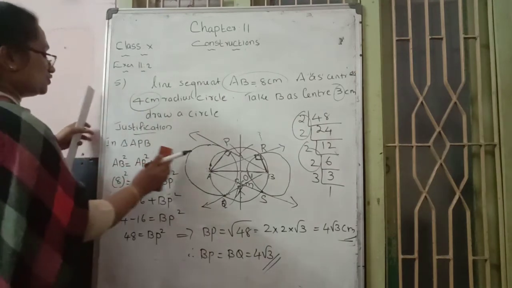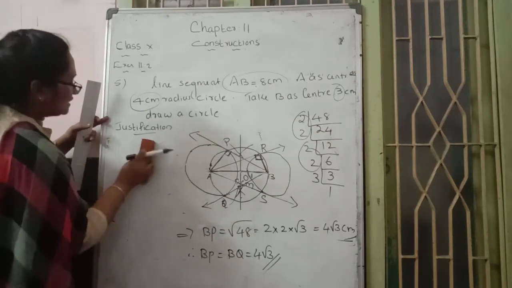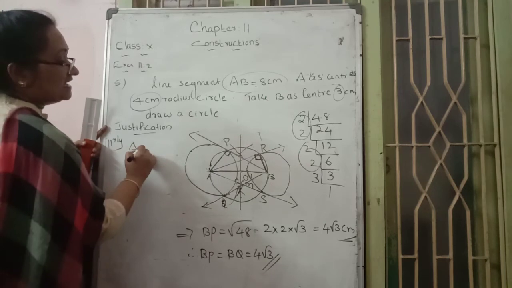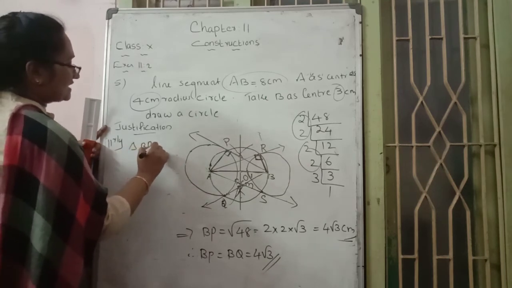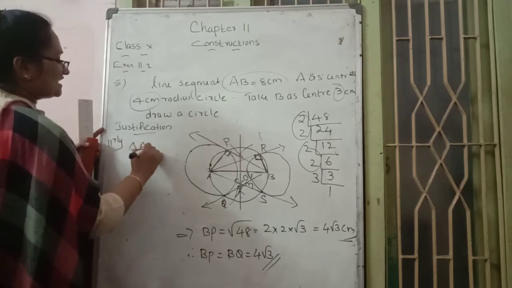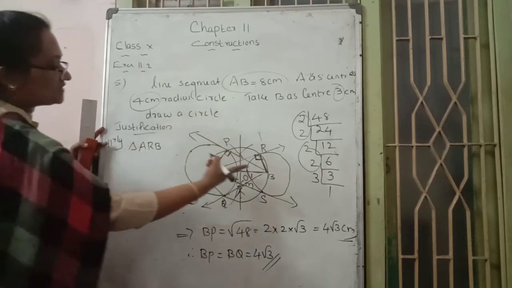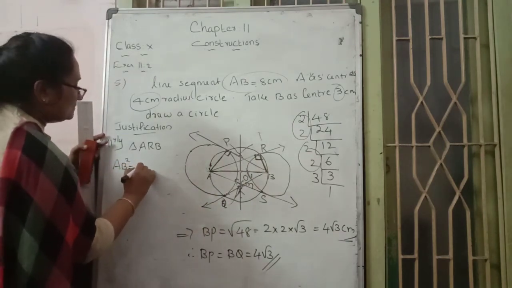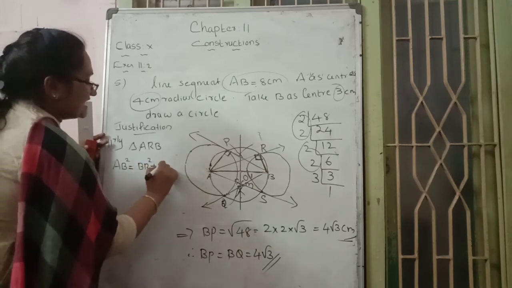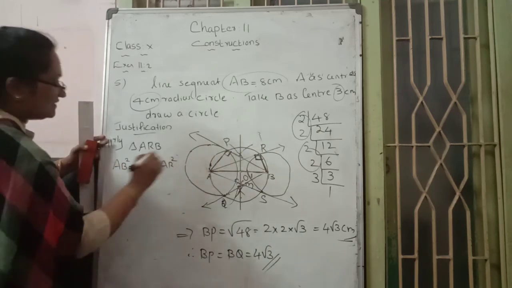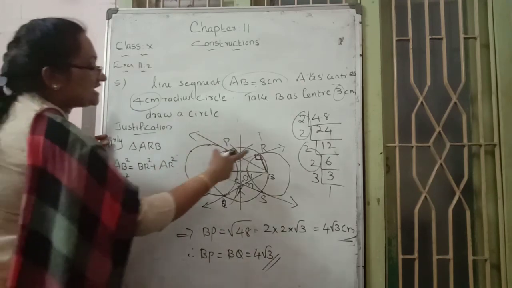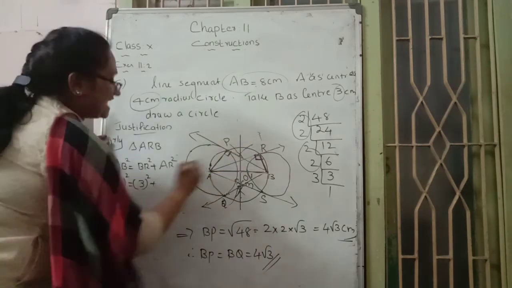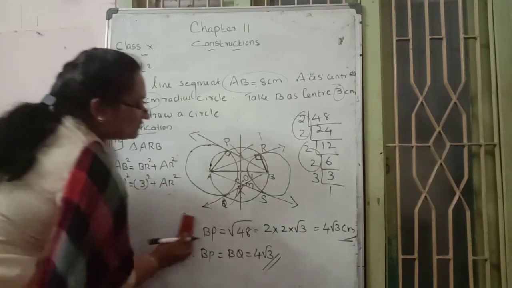So in the second part, similarly, we can consider the second triangle, ARB. The side opposite the 90 degree is AB, that is our hypotenuse square, BR is the altitude square and AR is the base square. AB value is represented as 8, so 8 square equals BR, the radius of that small circle, that is 3 square, plus AR square, the value we want to find.